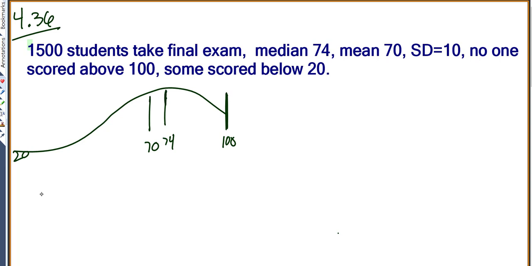So then it asks us in part A, is it going to be left skewed, right skewed, or symmetric? When you look at the median and mean, anytime that the median is greater than the mean, that means it was left skew.